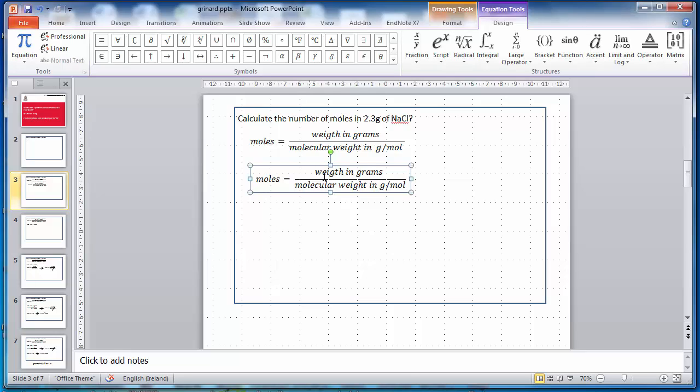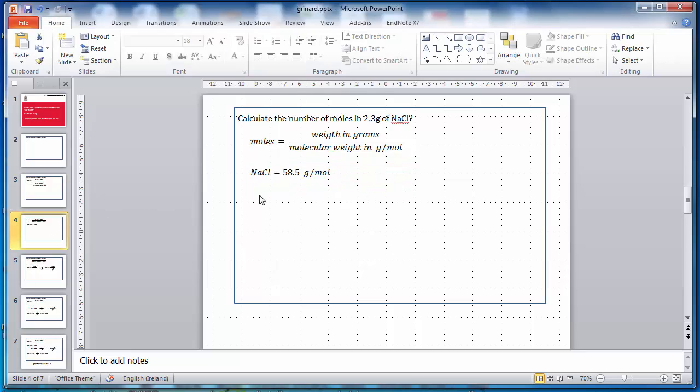So just to continue on and solve the mathematical question in full, what we want to do is calculate the number of moles in 2.3 grams of NaCl.